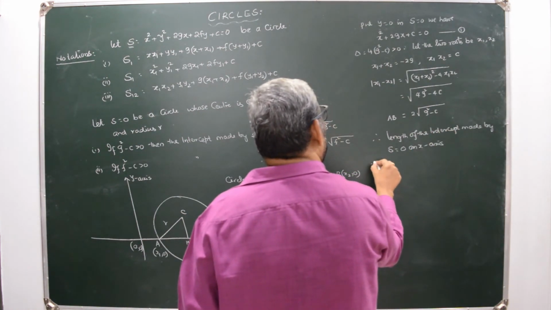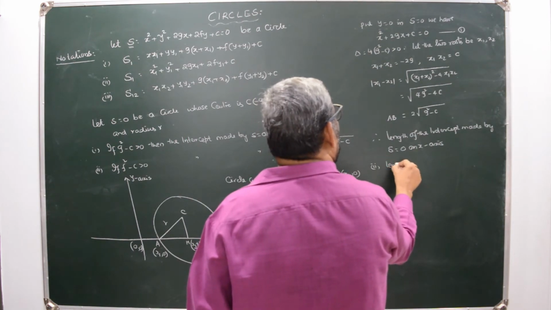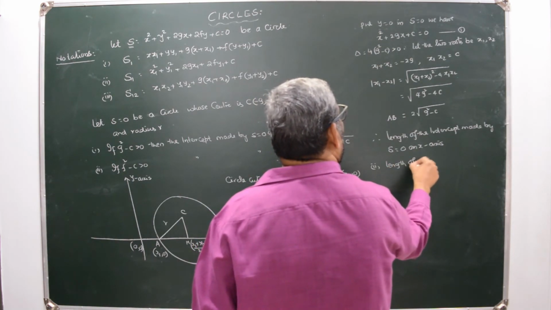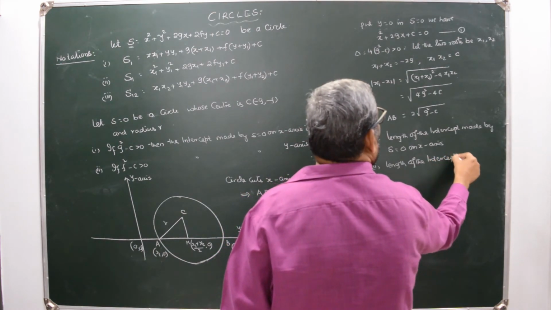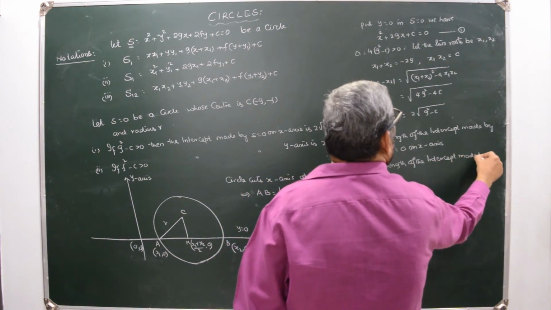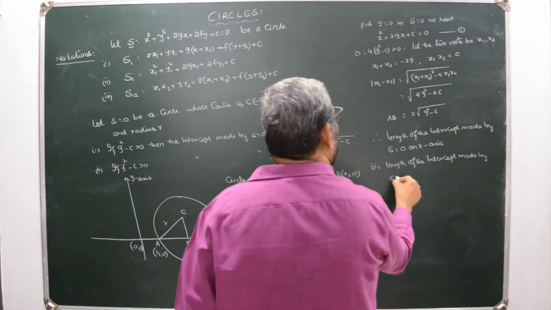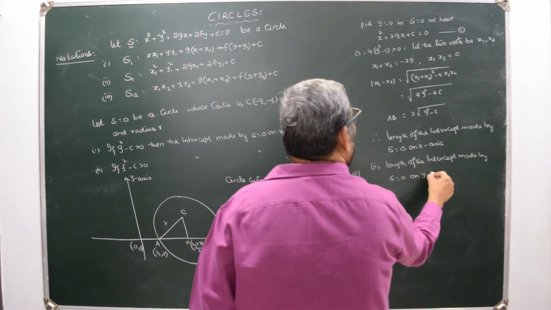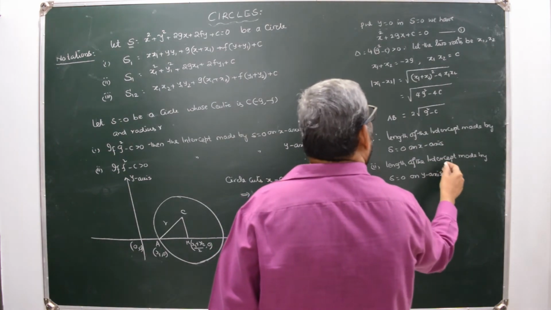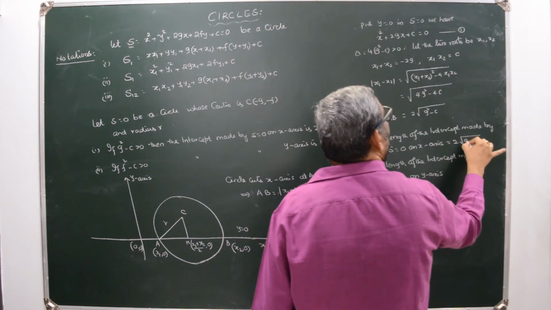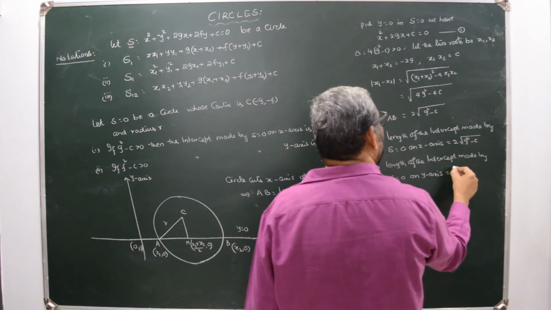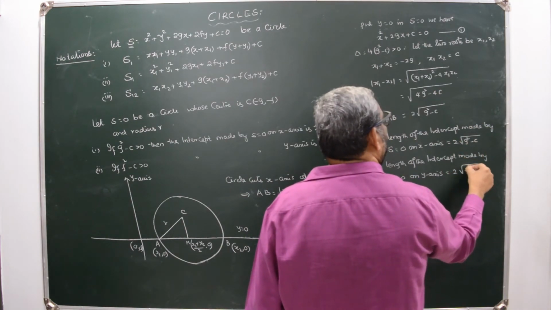Second point, length of the intercept made by S equal to 0 on the y-axis is equal to 2 into root of f square minus c.